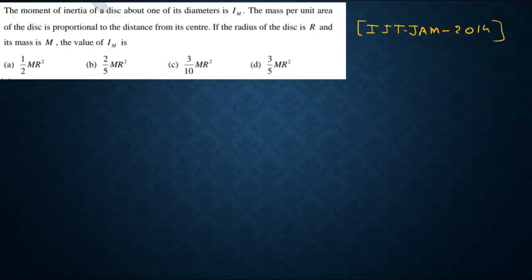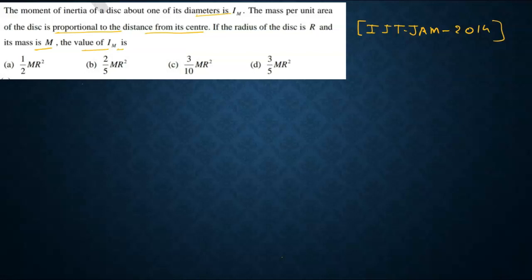The next question says, the moment of inertia of a disk about one of its diameters is Im, and the mass per unit area of the disk is proportional to the distance from its center. If the radius of the disk is r and its mass is m, then the value of Im is.